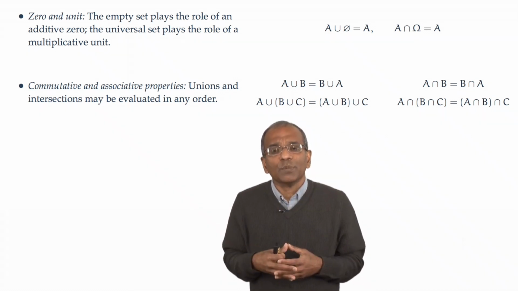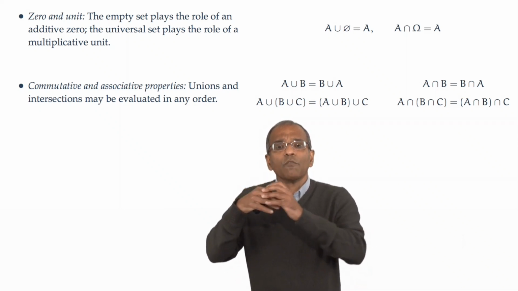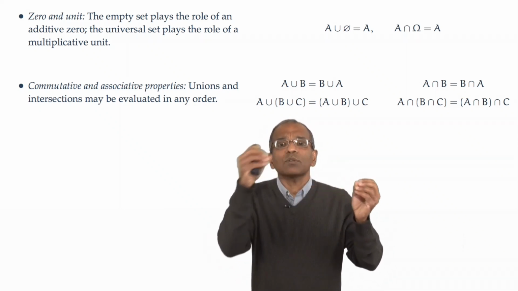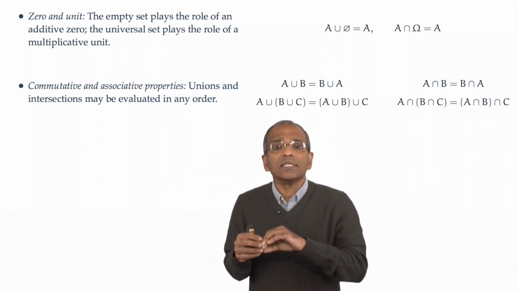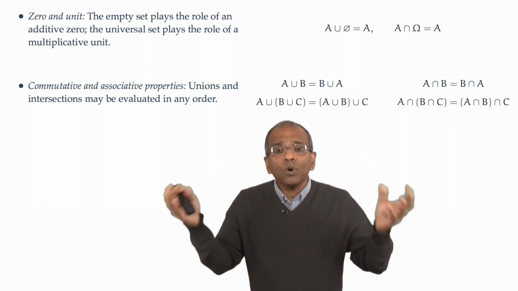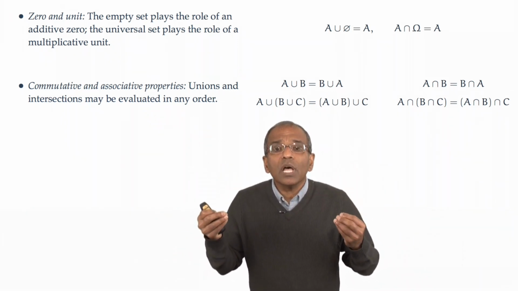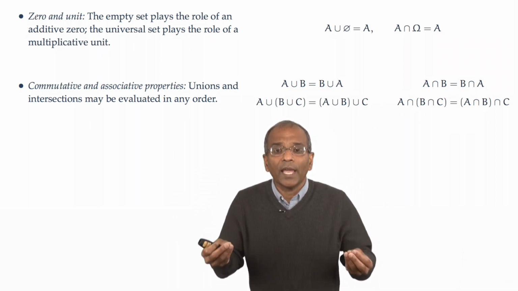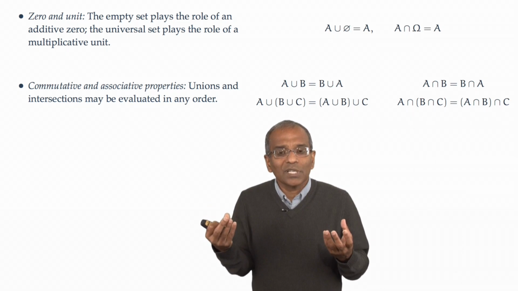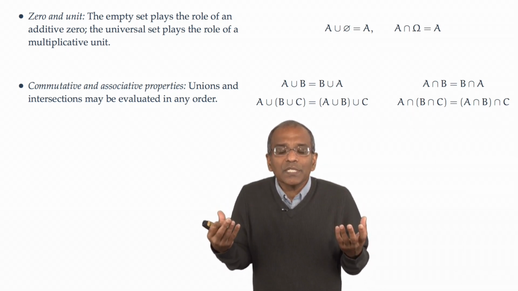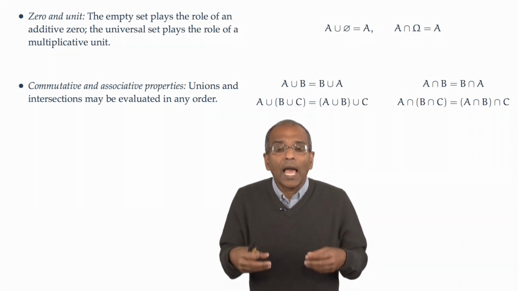Exactly the same kind of argument works when you talk about intersections. The intersection of B with C intersected with A is the same as the intersection of A with B intersected with C. In both instances, I'm talking about sample points omega, which lie in all three of A, B, and C. This, of course, is what in ordinary arithmetic we call the associative property of addition and of multiplication.